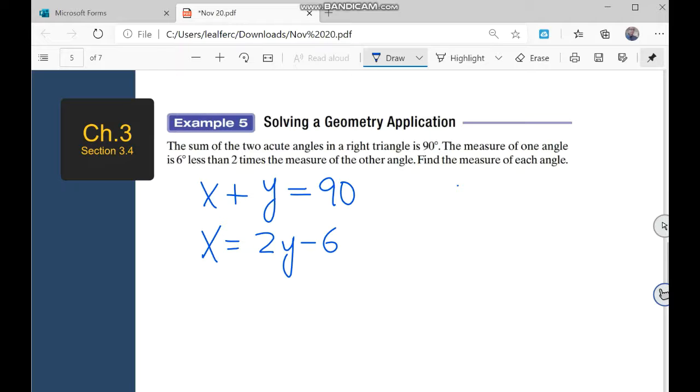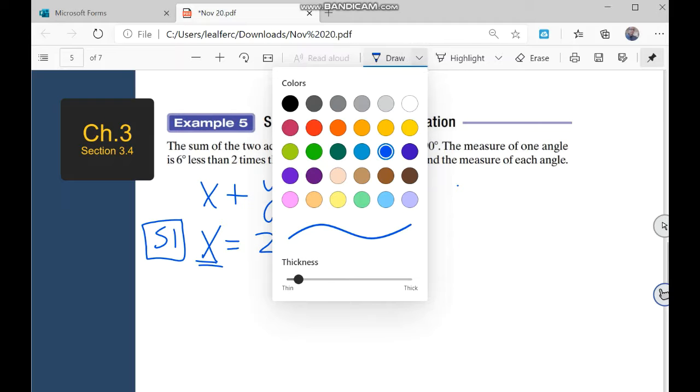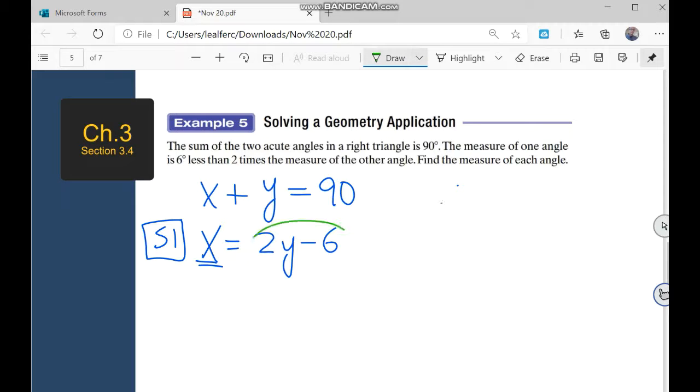Let's do it a bit faster, because now we have more practice, right? Step number 1 is already here. We have x isolated, and we can use this 2y minus 6 on the other equation. I'm going to plug it in instead of x, okay? We're going to apply step number 2 now on the equation on the top.